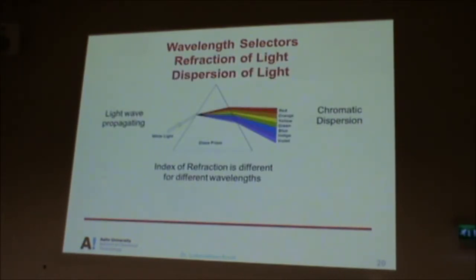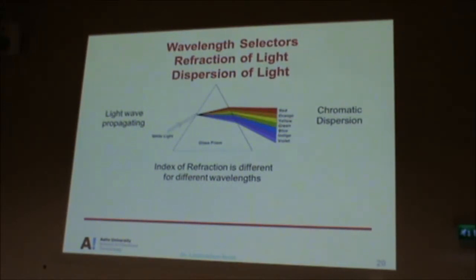Now one very simple example of a wavelength selector is a prism. If you have white light passing through a prism, we all know that it splits up into the constituents of a rainbow. If you want your sample to be exposed only to yellow light, what you can do is put a barrier here with a hole only at the region where yellow light is.